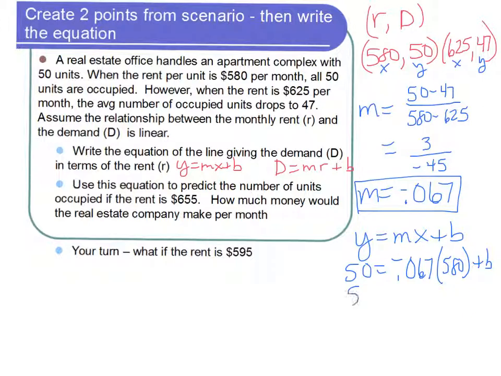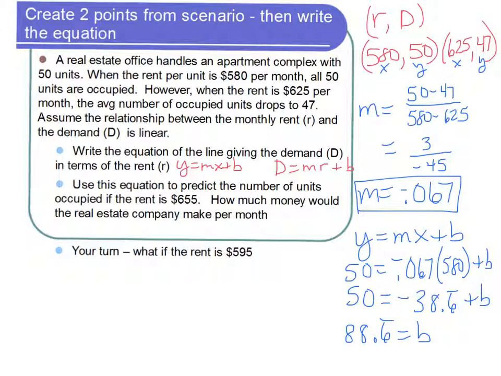So that ends up being, let me clean that up, it's not a z, it's an equals negative 38.6 repeating plus b. So let's add the 38.6 repeating, and then I'd end up with 88.6 repeating equals b.